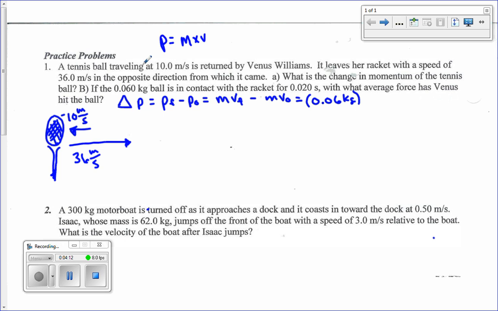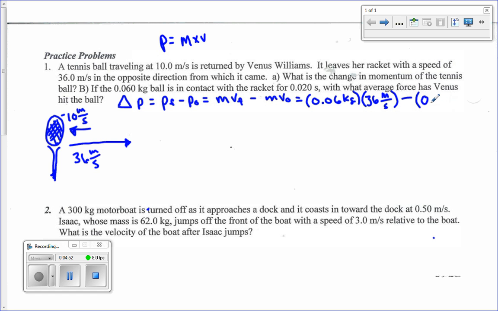They're in opposite directions, so we have to make one of them have a negative value. Okay, now back over here to our problem. What we're trying to find is the final momentum. The final momentum is the mass of the object times its final velocity. What is its final velocity? 36 meters per second. And we're going to subtract from that the mass of the object times its initial velocity.